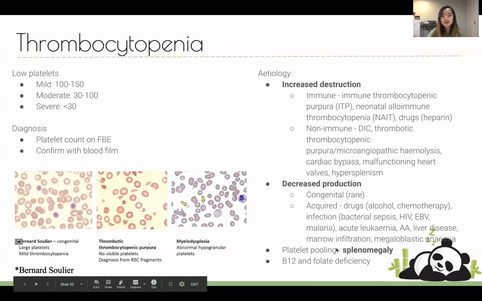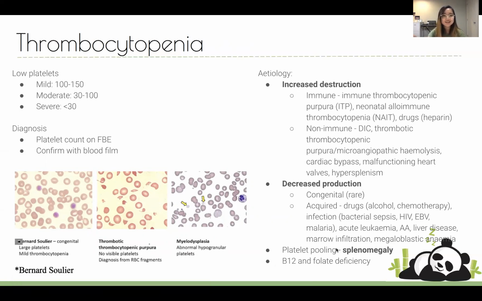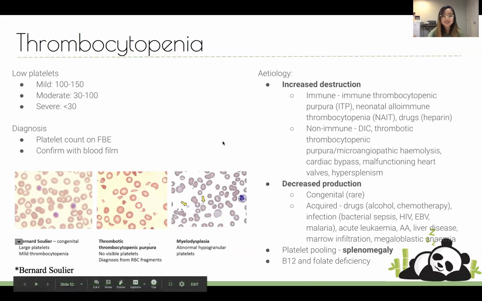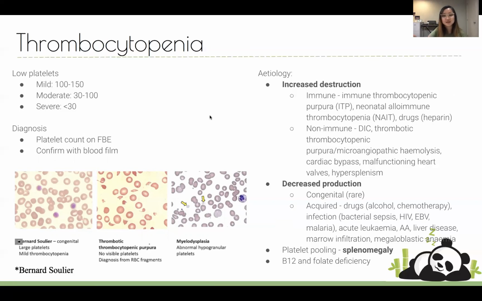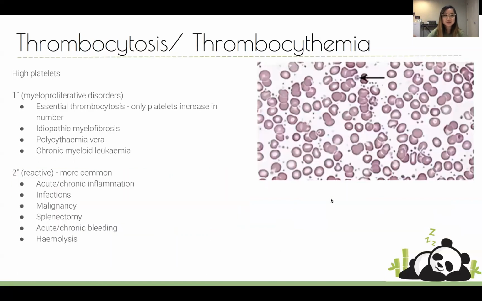Splenomegaly is a big one, because your spleen is so big it essentially sequesters things. All your platelets get trapped in your spleen, and you have thrombocytopenia elsewhere in your body. I don't think any of these are super important for you guys to know, so skip.